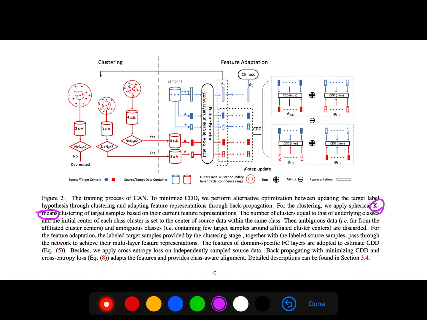The number of clusters equals that of the underlying classes, and the initial center of each class cluster is set to the center of source data within the same class. The ambiguous data and ambiguous classes are discarded. For feature adaptation, the labeled target samples provided by the clustering stage, together with the labeled source samples, pass through the network to achieve their multi-layer feature representation.